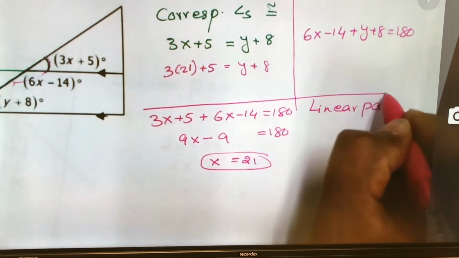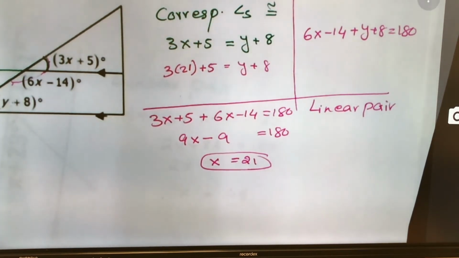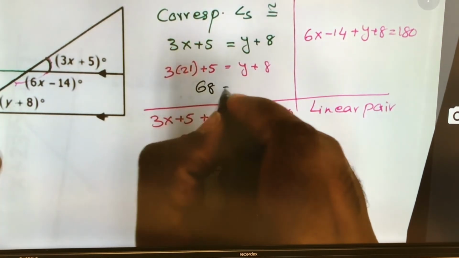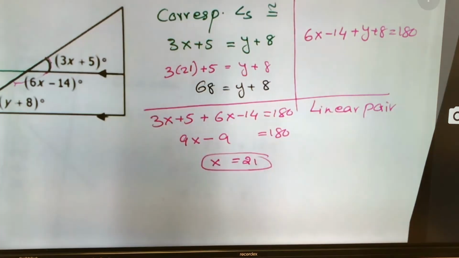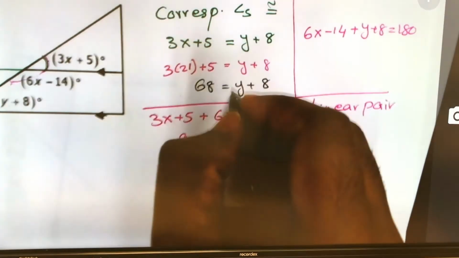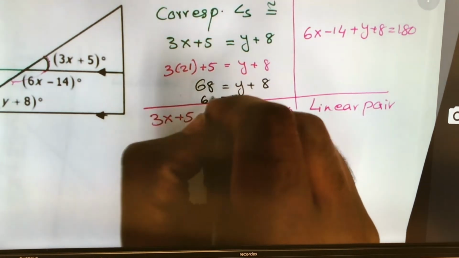So do the simplification. 3 times 21 is 63 plus 5 is 68. So you will get 68 equal to y plus 8. To solve for y, subtract 8 from both sides. So you get y is equal to 60.